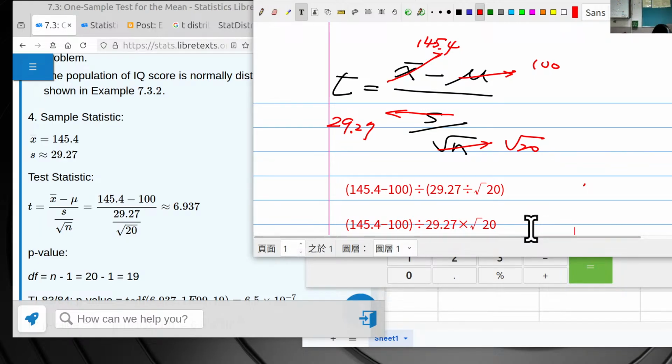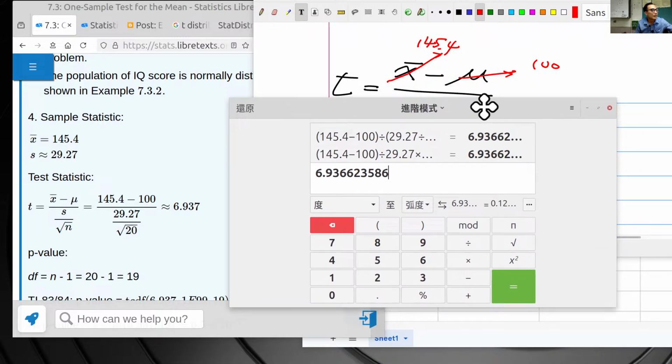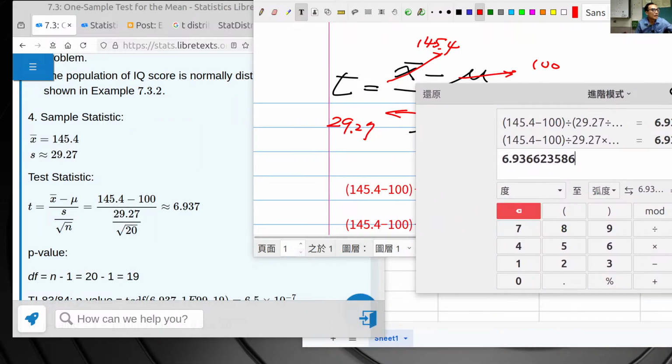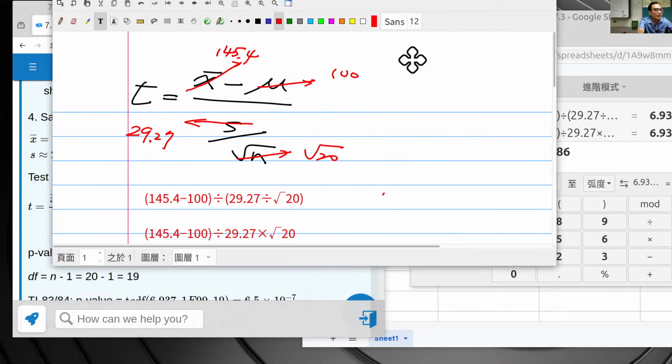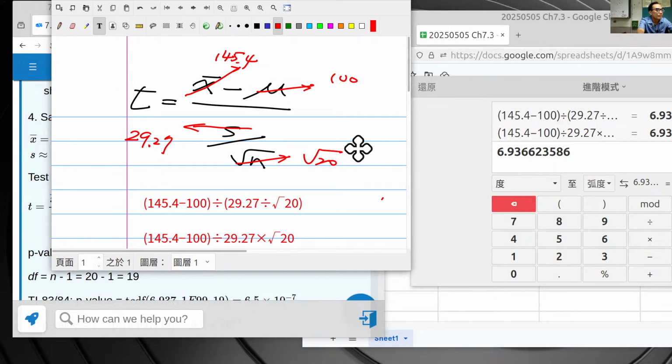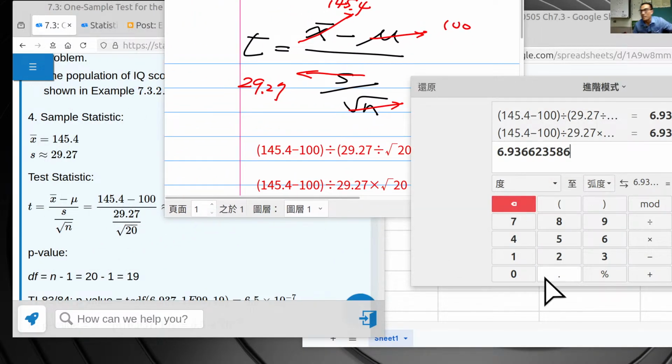Please type this one. If you forget how to calculate with the calculator, you can use this way. One minute, then I will move to the next question.